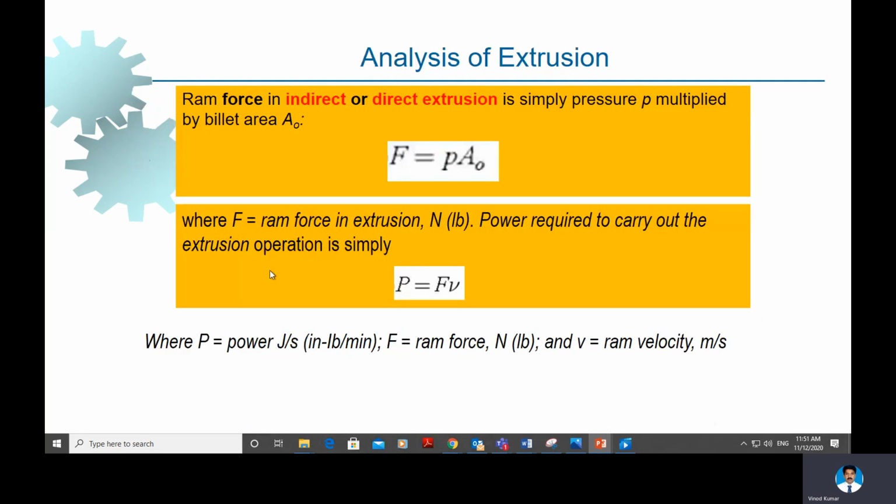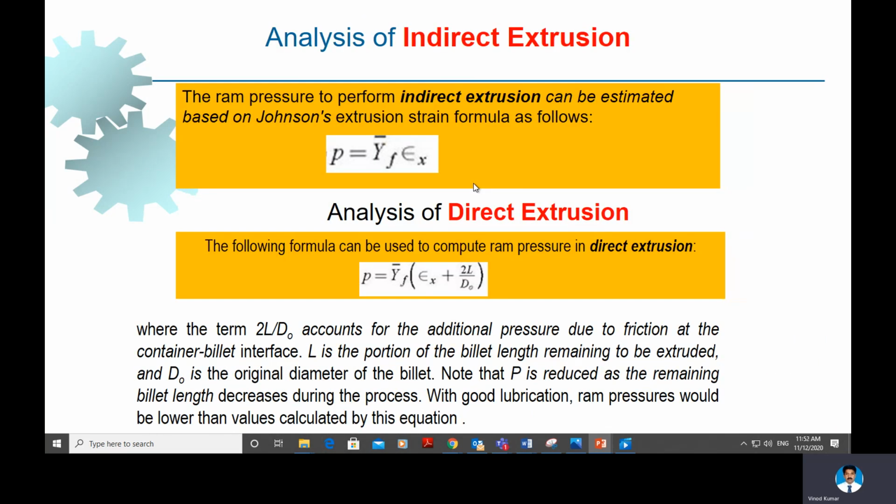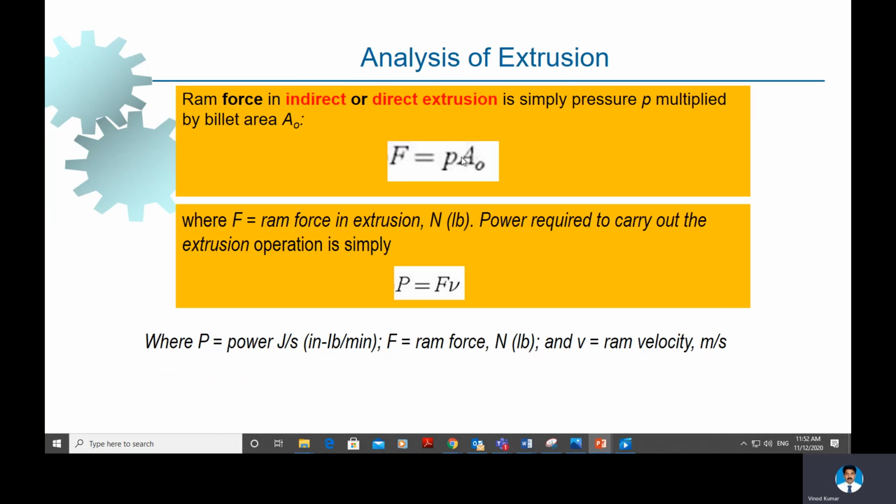Now we can see the force required for direct and indirect extrusion processes. Whether it is a direct or indirect extrusion process, force required is equal to pressure times area. Pressure we can calculate from the previous equations given here, and then pressure times the initial area of the billet will give us how much force is required for the extrusion process.